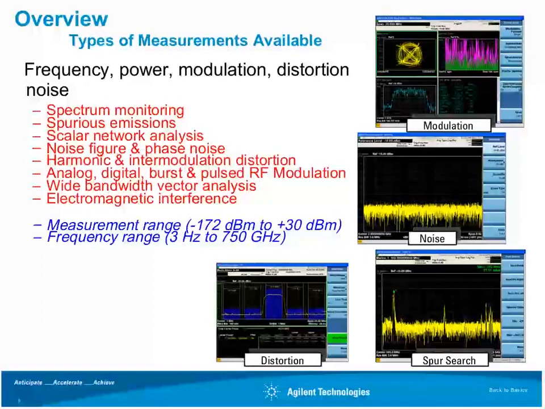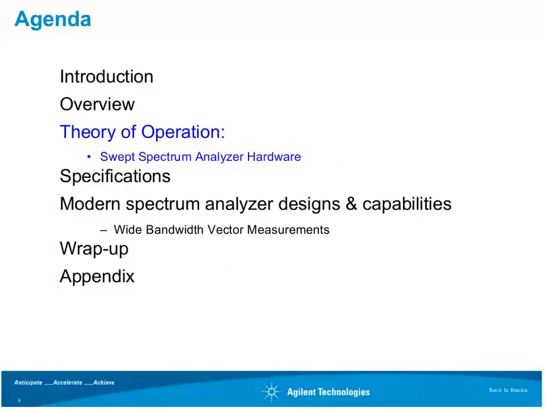In recent years, we've seen a big increase in wideband signals and performing vector analysis on them. And of course, another very popular application is EMI, electromagnetic interference or compatibility testing. These measurements can take place over a huge amplitude range, from practically down to kTB noise up to, say, plus 30 dBm, over a very wide frequency range, from very, very low frequencies up into the sub-millimeter range.